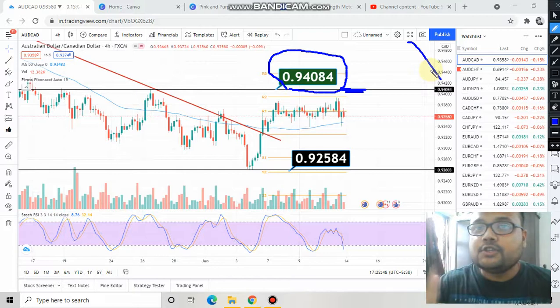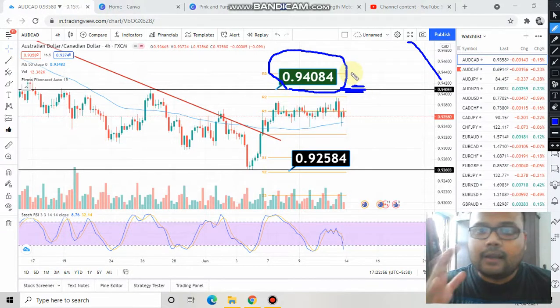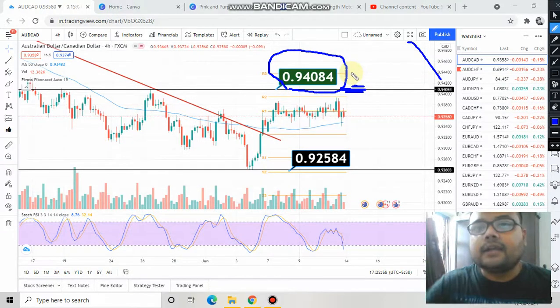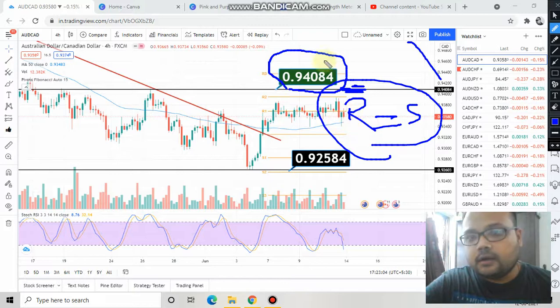Therefore confirmation is important. So wait for 4 to 6 hours, and if you see that price is trading comfortably, price is not struggling, market is doing great, then you'll get the confirmation that the resistance has become the support now, and you can go for a buy order. So this is your second trading opportunity.